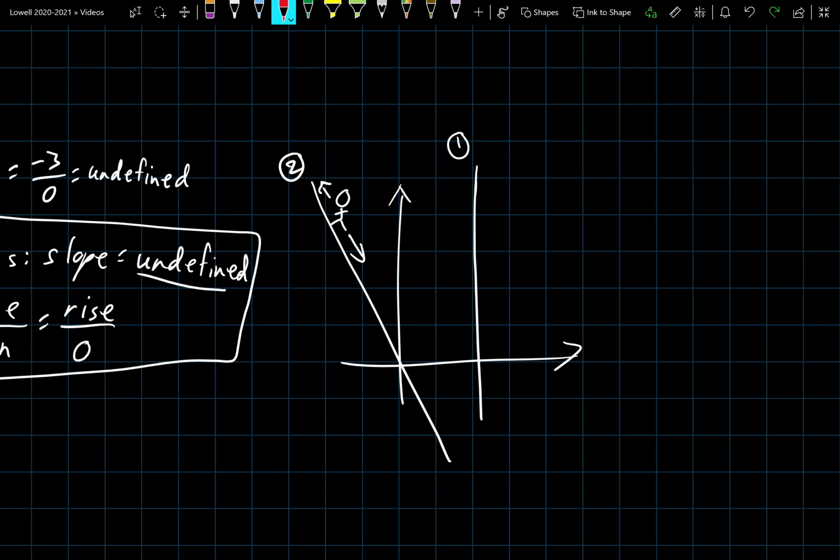But if you have a person trying to climb up this one, they wouldn't be able to, because they can't put their feet down anywhere. No matter how steep this one is, even if it's something like that, you could, in theory, still put your feet down and then walk up. That can't happen on the vertical line, so that's another reason that makes it different than other lines, and therefore it has an undefined slope.